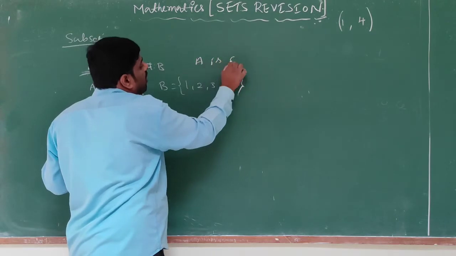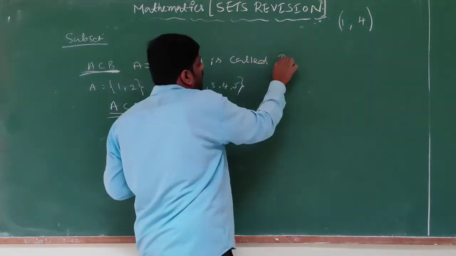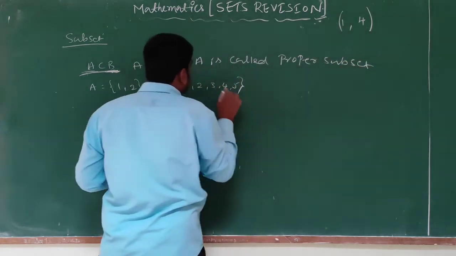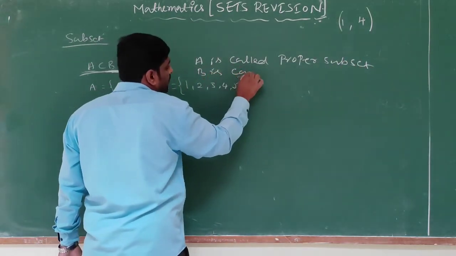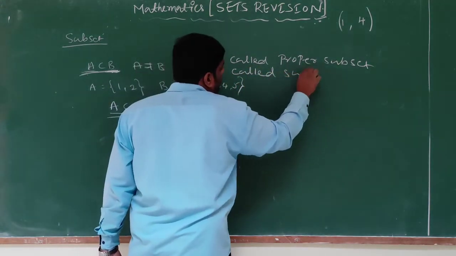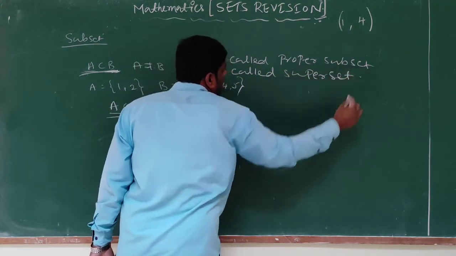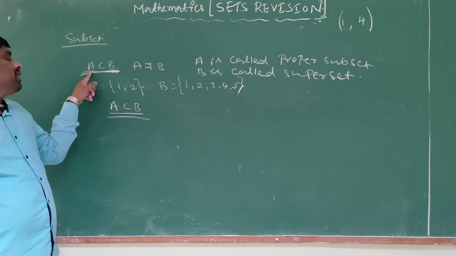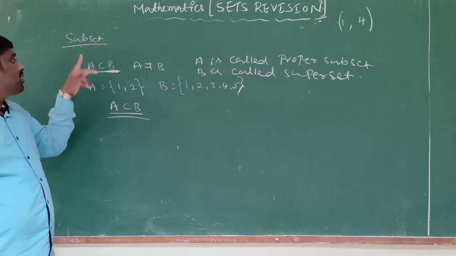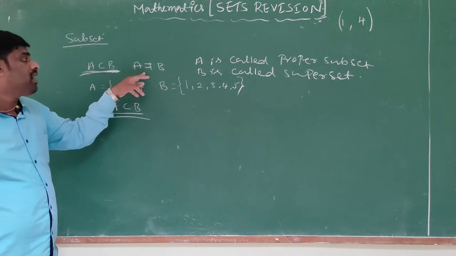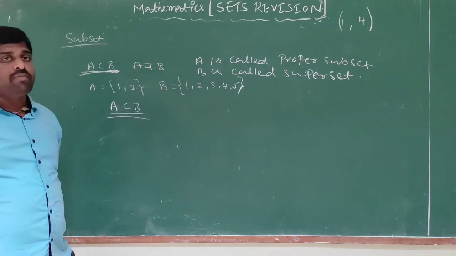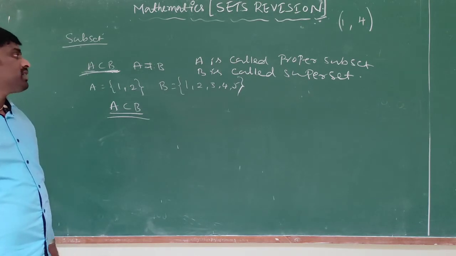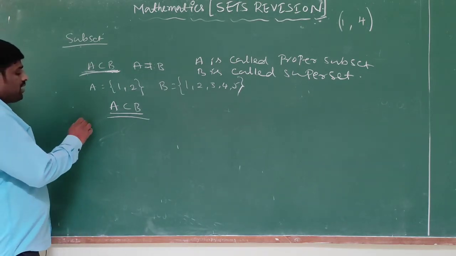So A is a subset of B means every element of A is an element of B. If A is a subset of B but A is not equal to B, then A is called a proper subset and B is called a superset.